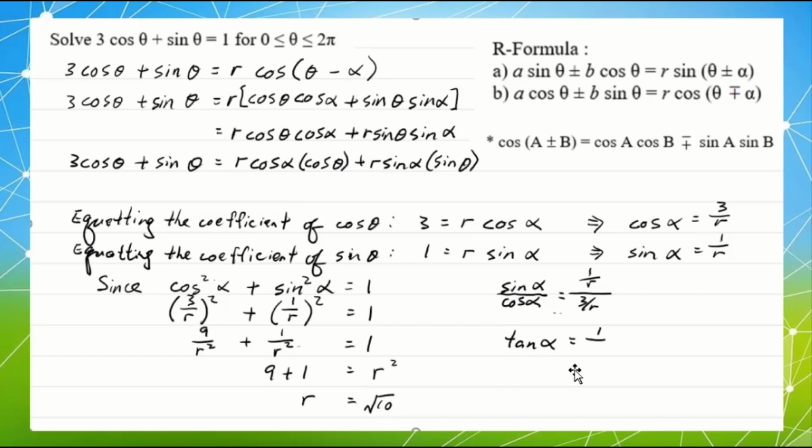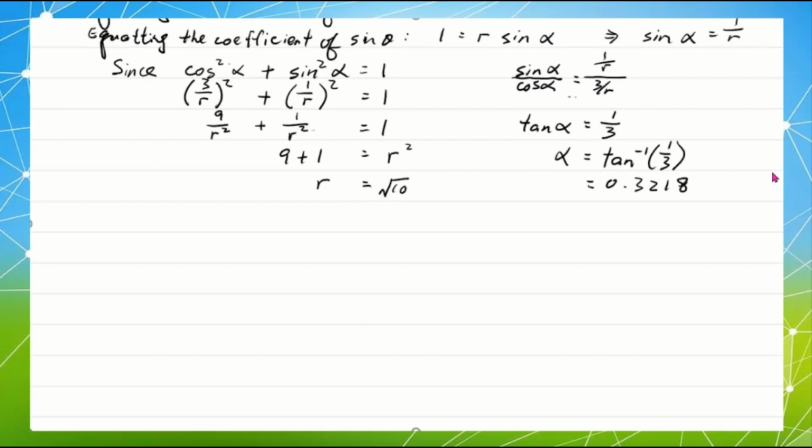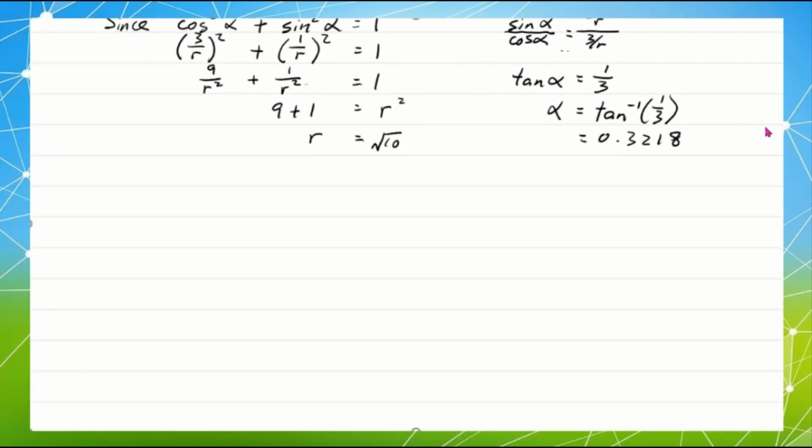So tangent alpha is equal to 1 over 3 after simplification. So alpha is equal to arctangent of 1 over 3. When we press the calculator, we find that alpha is equal to 0.3218. After we have got the values of R and alpha, now we can substitute these values back into the equation.